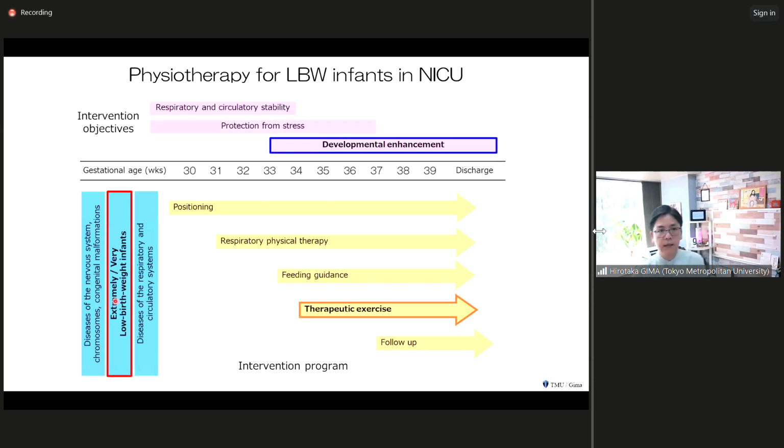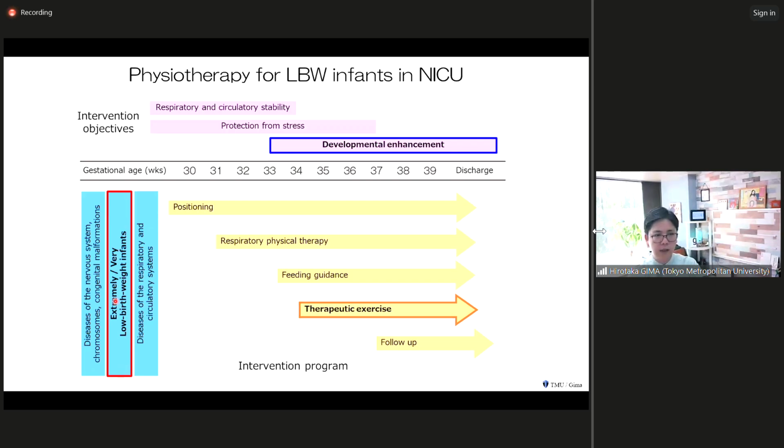Okay. Next, I will move on to the topic of physiotherapy for low birth weight infants. The figure on this slide shows the flow of physiotherapy given to low birth weight infants in the NICU.